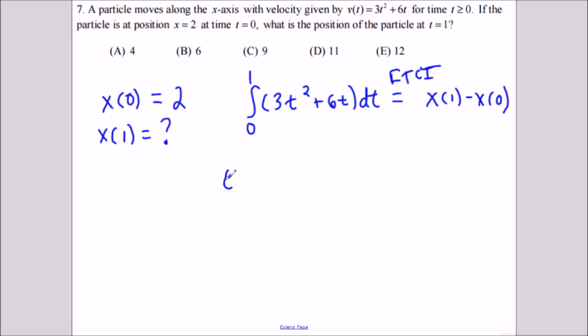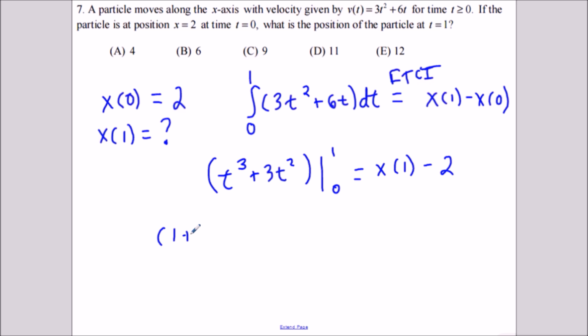Now the left-hand side, we just treat normally. We're going to do the antiderivative, which will give us t to the third plus 3t squared, and this is going from 0 to 1. And on the right-hand side, we have x of 1 minus x of 0, which was given to us, that's equal to 2. So then the left-hand side we could evaluate just by plugging in.